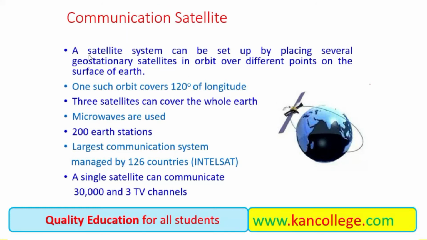Communication satellites. A satellite system can be set up by placing several geostationary satellites in orbit over different points on the surface of Earth. One such orbit covers 120 degrees of the longitude. 3 satellites can cover the whole Earth. Microwaves are used for communication purposes. 200 Earth stations are still available on the Earth in which geostationary satellites move.